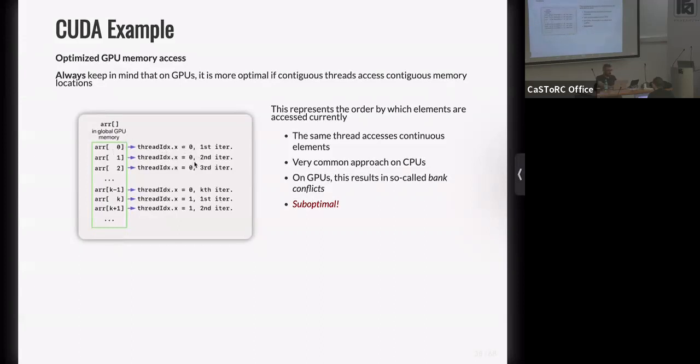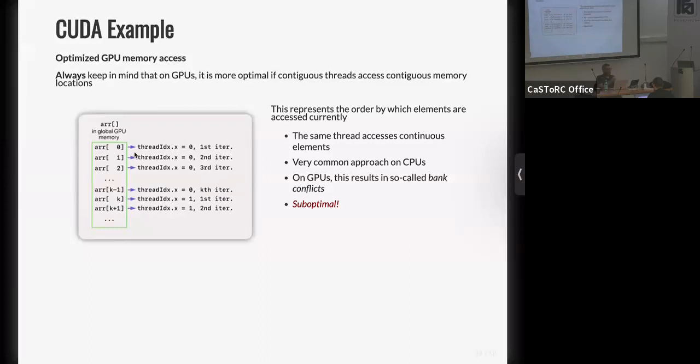In the second iteration, the same thread reads element 1, and in the third, element 2, up to the kth element, where here I have K but really it should be LT to be consistent with before. Then we go to the next thread: thread 1 reads element K when thread 0 reads element 0, and so on. So the same thread is accessing continuous elements of the array.